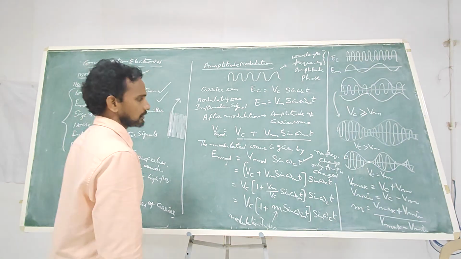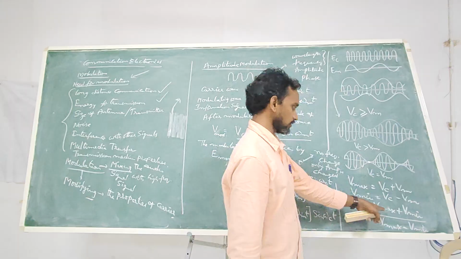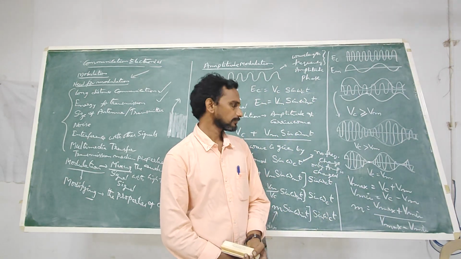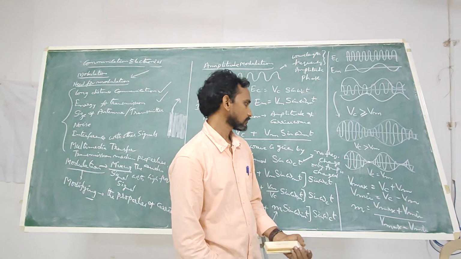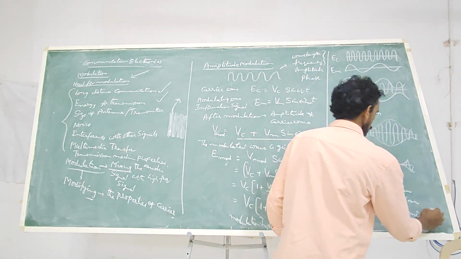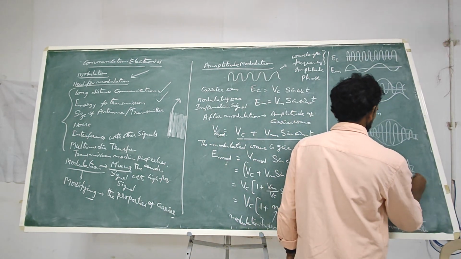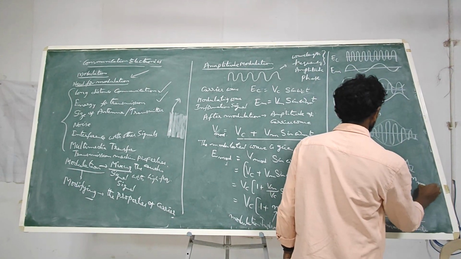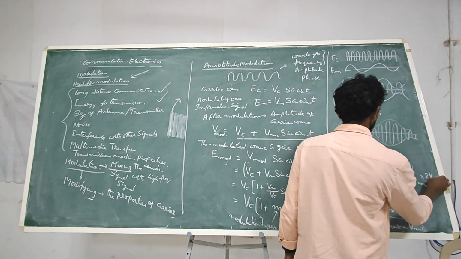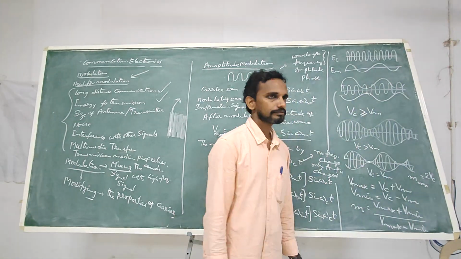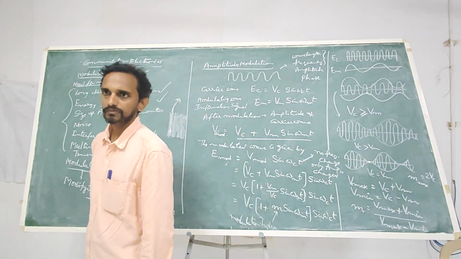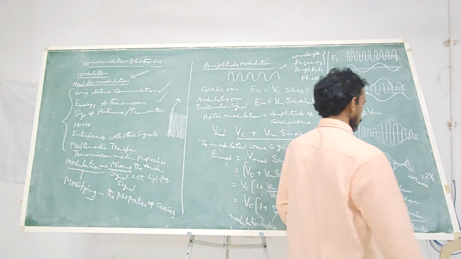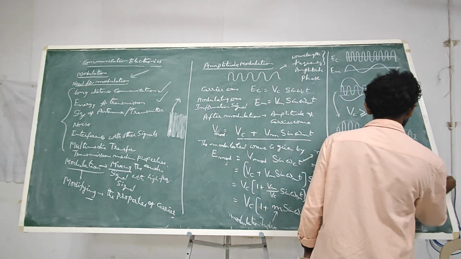So here, maximum possible value for Vmax is what? So maximum possible value for M is 2Vc, and Vmin is 0.